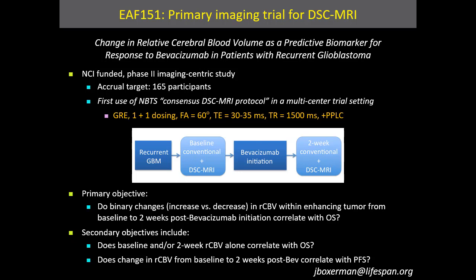Here we're using the double dose scheme, in this case with an intermediate flip angle, evaluating the utility of DSC-MRI for predicting outcome in patients on bevacizumab with recurrent GBM. The primary objective is to determine whether binary changes in CBV within enhancing tumor from baseline to just 2 weeks after starting bevacizumab correlate with survival. It's studies like these, I think, that are important for demonstrating the validity of our imaging markers in the clinical setting.